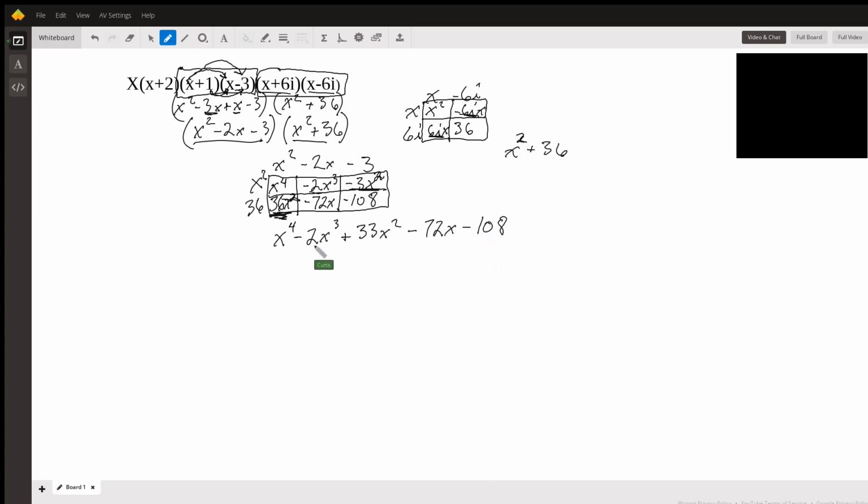And this would be our polynomial x plus 1 times x minus 3, x plus 6i, x minus 6i. And you would continue by doing the same process with x plus 2 times x.